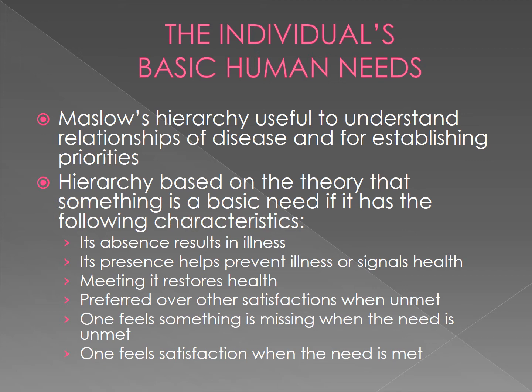If meeting this need restores health, then it's a basic need. It's preferred over other satisfactions when unmet. So again, if we need housing and water, that's going to be more important than reaching a level of self-actualization. One feels something is missing when the need is unmet, and one feels satisfaction when the need is met.